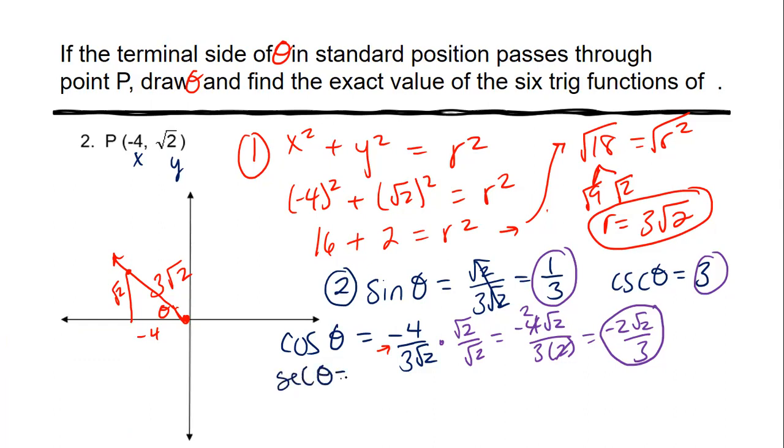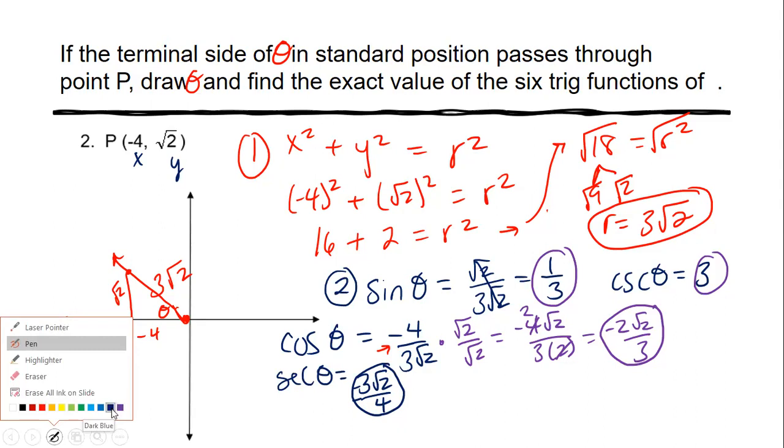So my secant theta equals this reciprocated, which is going to be 3 square root of 2 over 4. So there's my fourth. The negative? Yes, I dropped my negative. I'm sorry, thank you. That's only when it's the denominator, right? Okay. All right, we have 2 left.